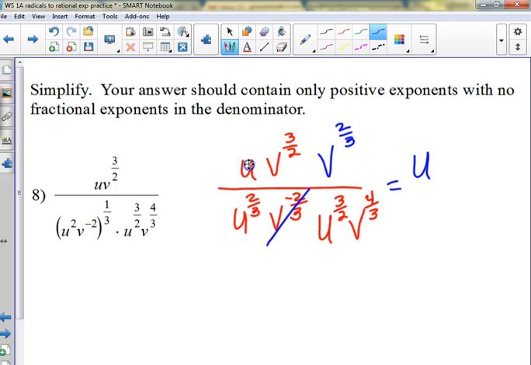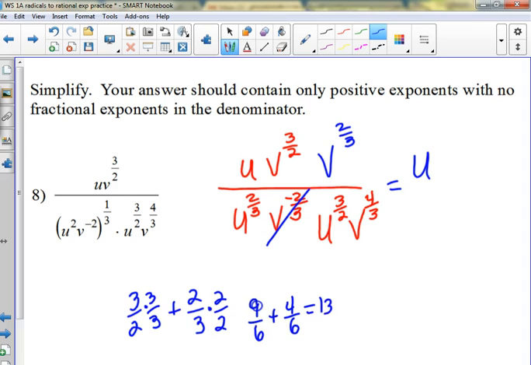Up top we have a u. What's 3/2 plus a 2/3? This is going to be 9/6 plus 4/6, 13/6. Did someone use their calculator and get 13/6? Yes? I didn't make a mistake, did I?